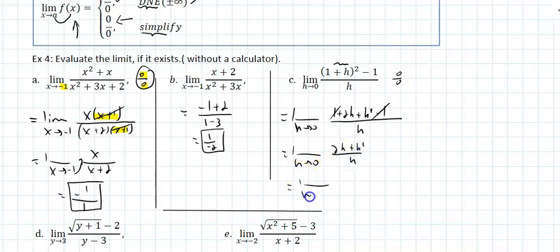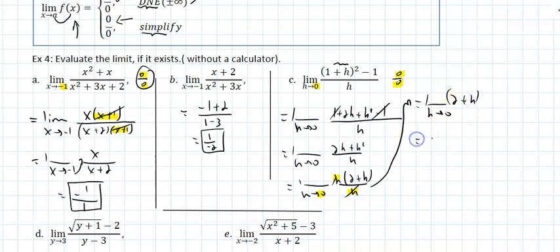You could see that h is common in both of those terms. You could factor that out. And once you cancel out, again, notice that's what was causing the 0. That's the limit as h approaches 0 of 2 plus h, and if you replace h by 0, that will simply be 2.